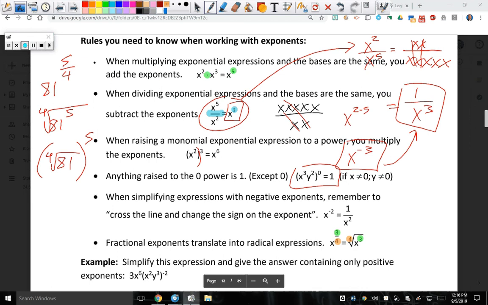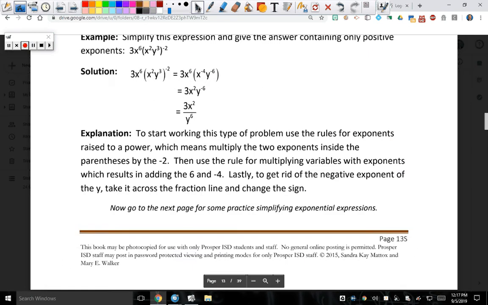I hope you do that, because you're breaking it down per the denominator to the lowest root possible. Guys, what's the 4th root of 81? 3. Now 3 to the 5th power is basically saying what? 81 times 3. So 243. Okay? Alright, so let's keep going.